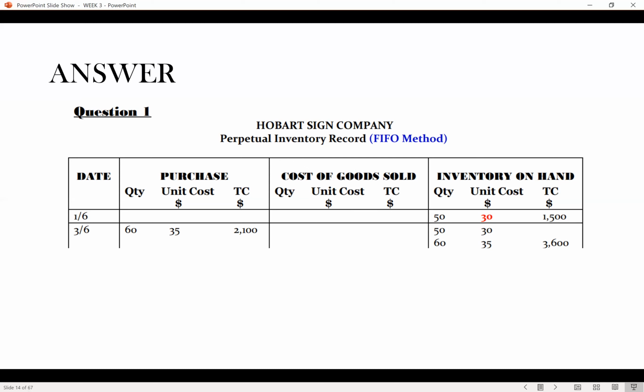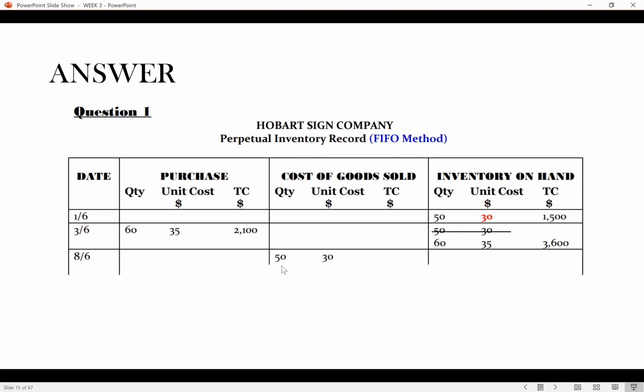The first in, first out, say, okay, we have to take from the first set of goods that we have. So we look over to our inventory on hand. The first set of goods that we have is 50. That cost us $30. So that's where we'll be taking first. That what we'll be giving out to him first. And this is how we get the quantity and the unit cost.